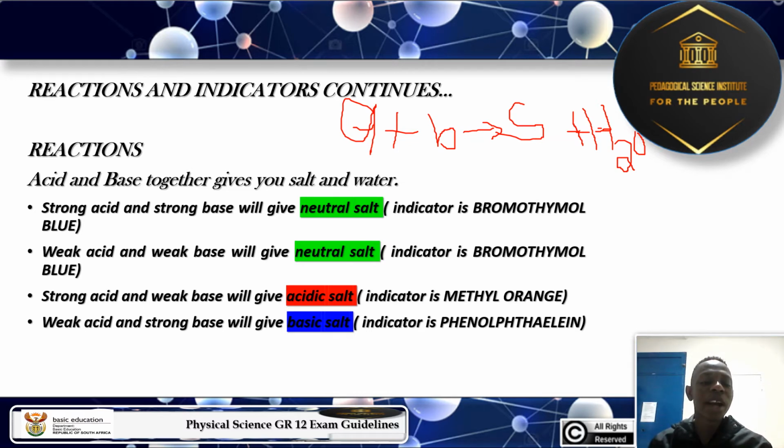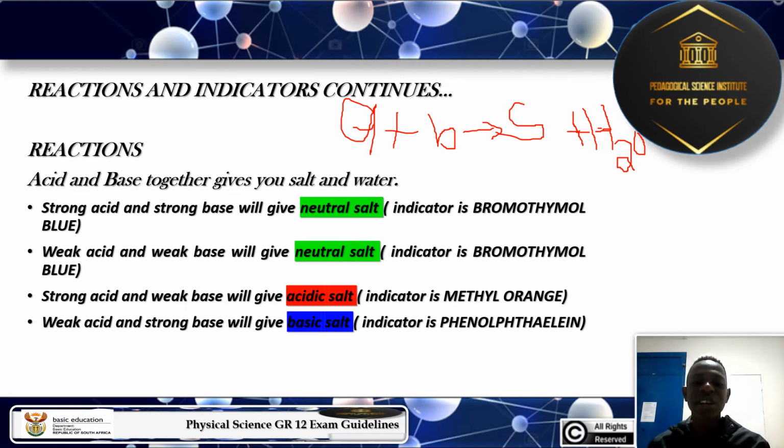Whenever you encounter a strong acid and a strong base, the salt will be neutral, and the indicator you need to use is bromothymol blue. Then weak acid and a weak base, the salt is neutral and the indicator is still bromothymol blue.